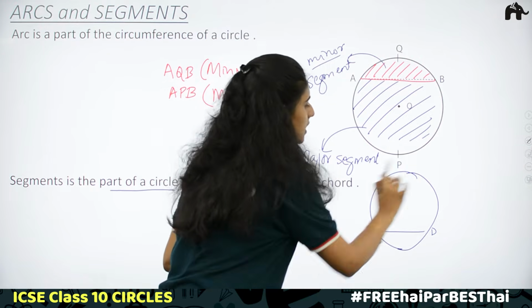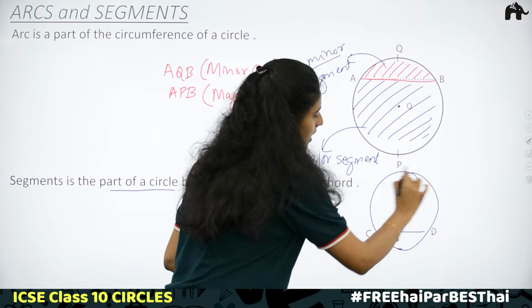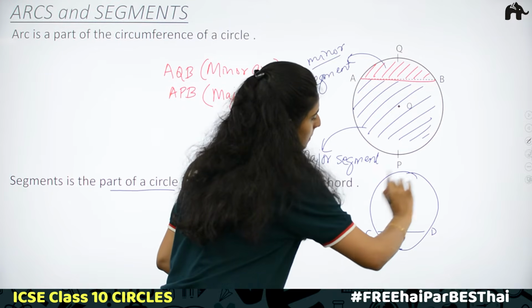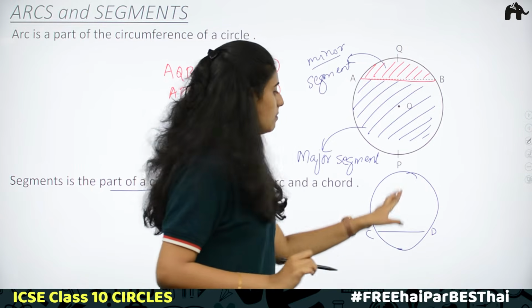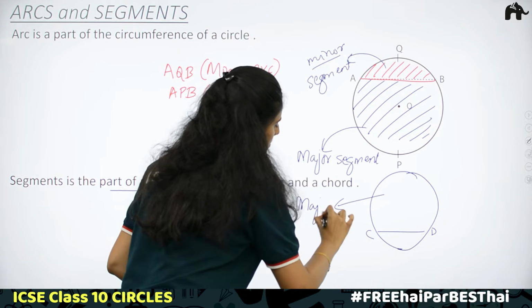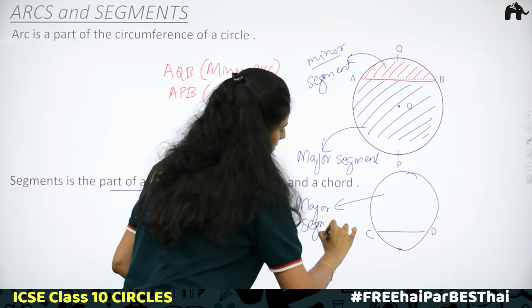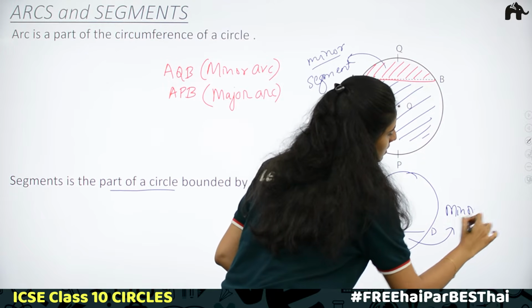No, right? This is a bigger portion. Yes, CD is the chord and here we have the major arc. Major arc and the chord will make the major segment. In this figure, this is the major segment and this is the minor segment.